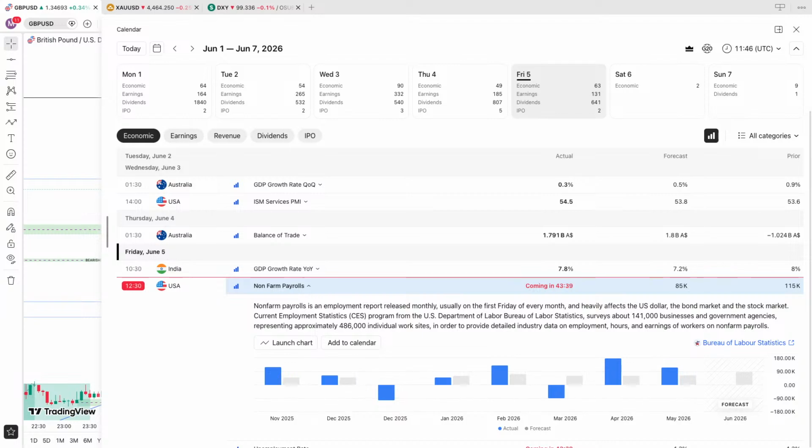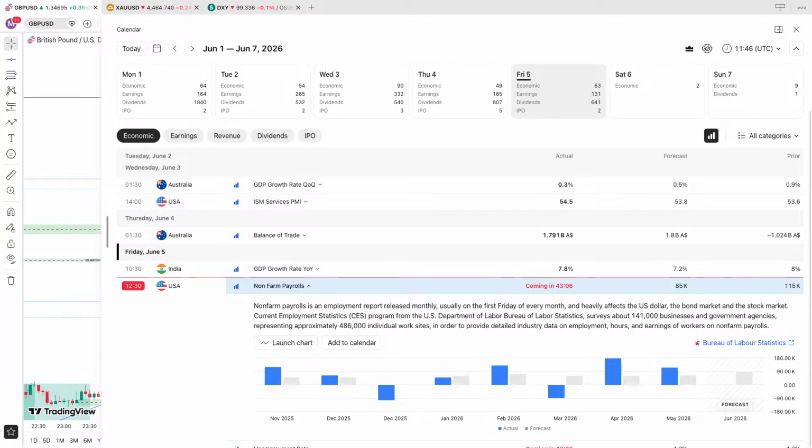Non-farm payroll is an employment report released monthly, usually on the first Friday of every month. Today is the 5th of June, and this is the first Friday of June, so this is when NFP takes place, and it heavily affects the US dollar, the bond market and the stock market.